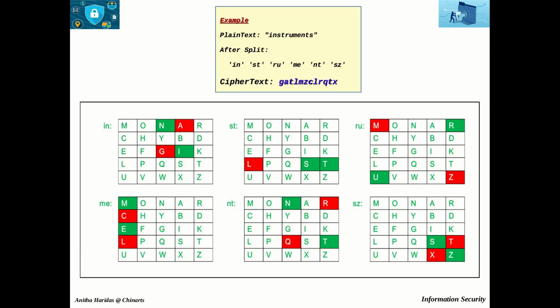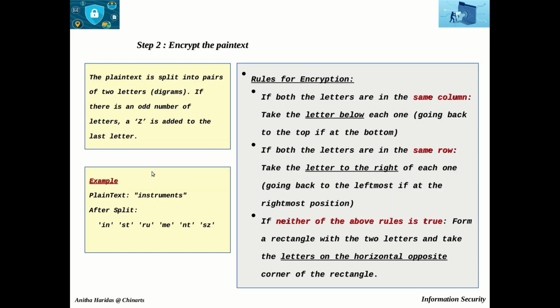Now if you observe the Playfair cipher, the key here is a stream of subkeys in which the subkeys are created two at a time, correct? Two at a time, because we use the digram here. And in the Playfair cipher, the key stream and the cipher stream are the same.